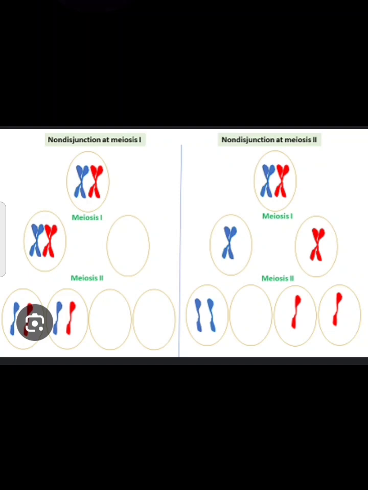If I summarize again, most somatic cells undergo mitosis, but during gametogenesis, cells undergo meiosis. Meiosis has two phases, meiosis 1 and meiosis 2.